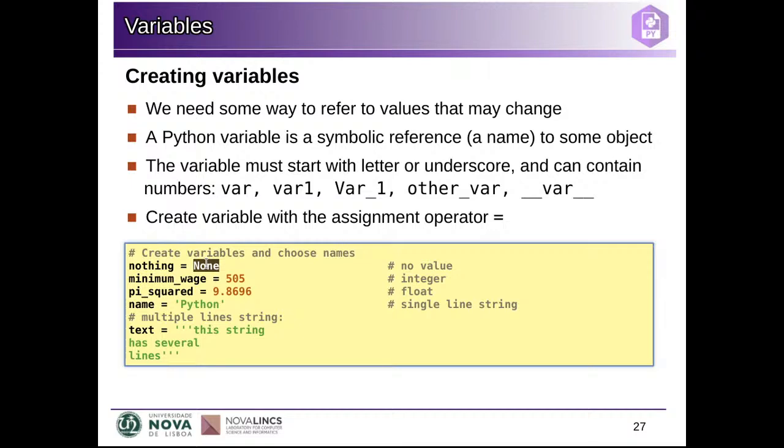You can create the variable and assign it None just to indicate that you have the variable but don't have anything assigned to it yet. You can have integers. For example, in this variable I put the value 505. This is an integer value. In this one I put a floating point, so 9.86 and so on. This is a floating point value.